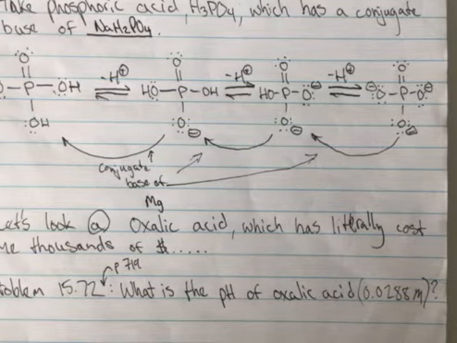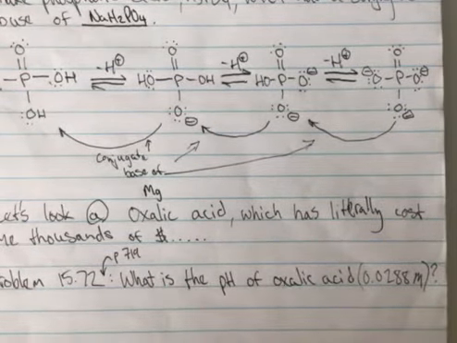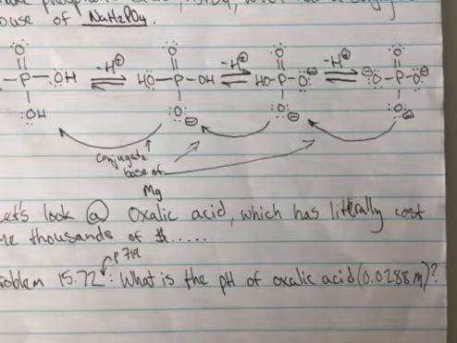So anyway, all right, let's get into a problem here. 15.72 on page 719. What is the pH of oxalic acid at 0.0288 molar? I'll give you a couple minutes to try to figure that out.